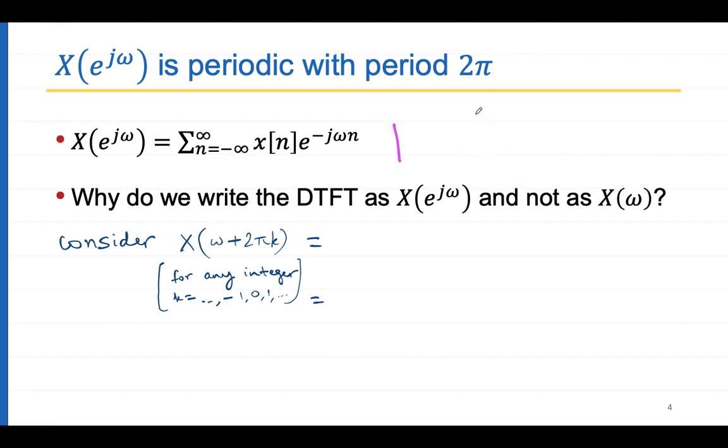I want to say that X(ω + 2πk) for any integer k, let us consider it as 1 for the time being, just for an example, is equal to X(ω), right?